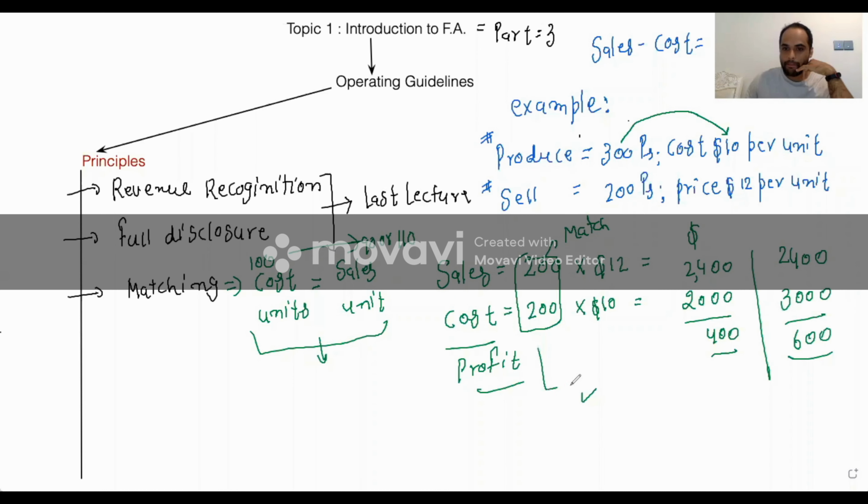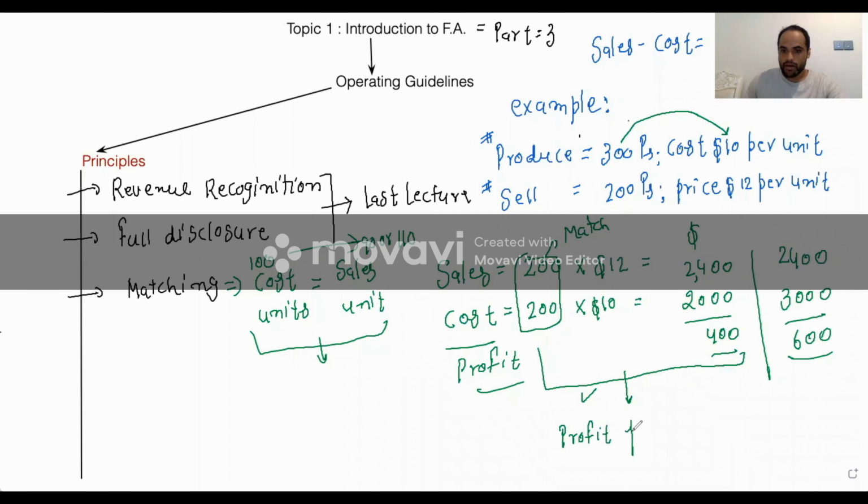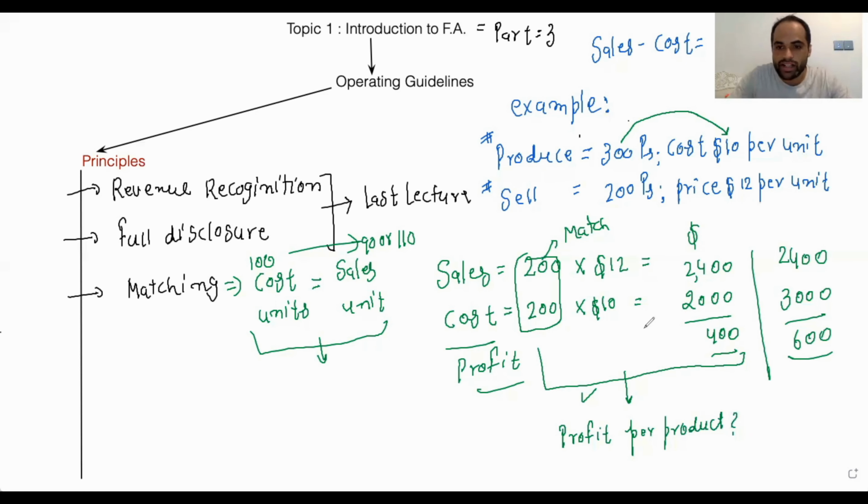If you apply the matching principle, in this matching principle, what is the profit per unit? Can you tell me how much the profit per product is under this way? Can you calculate and tell me the profit per product?